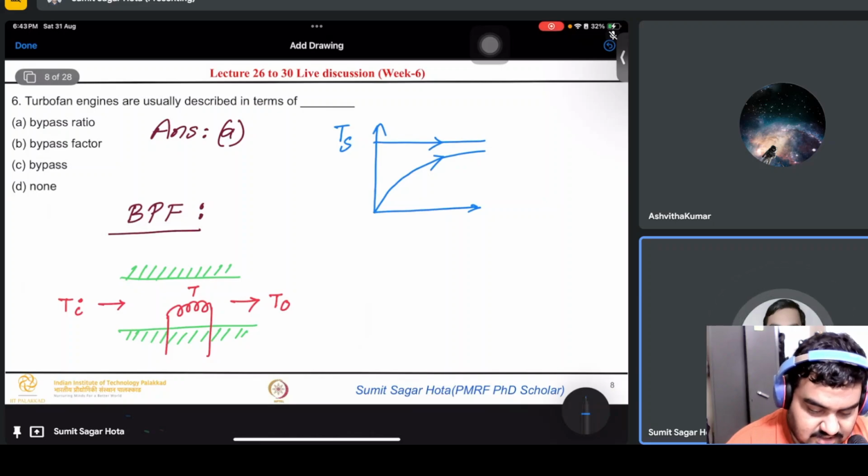It depends on the time or it depends on the position of the duct, from Ti position to the T naught position. Let Ti equal to T ambient. Okay, so this is one case. This is your heating.